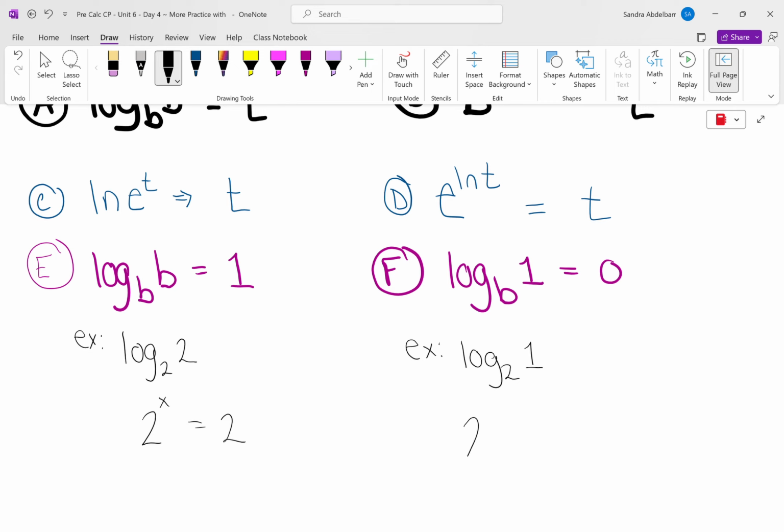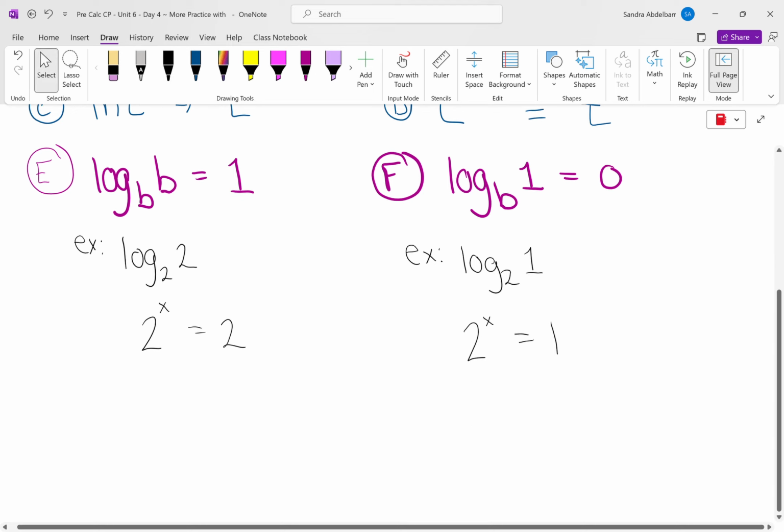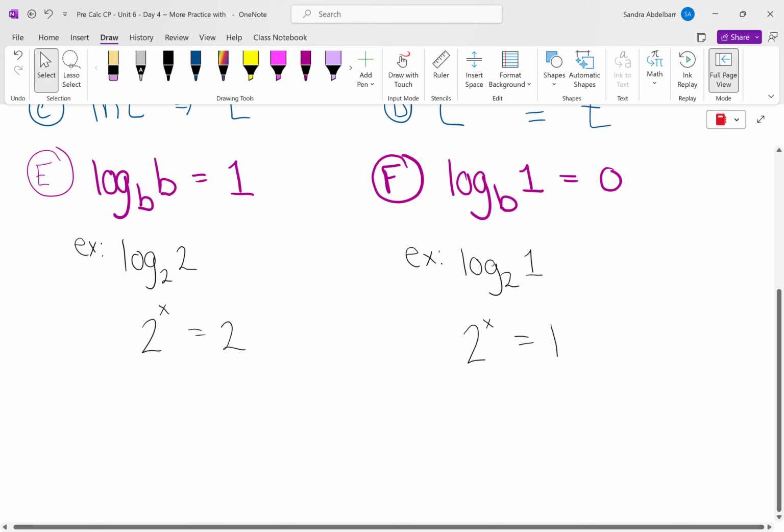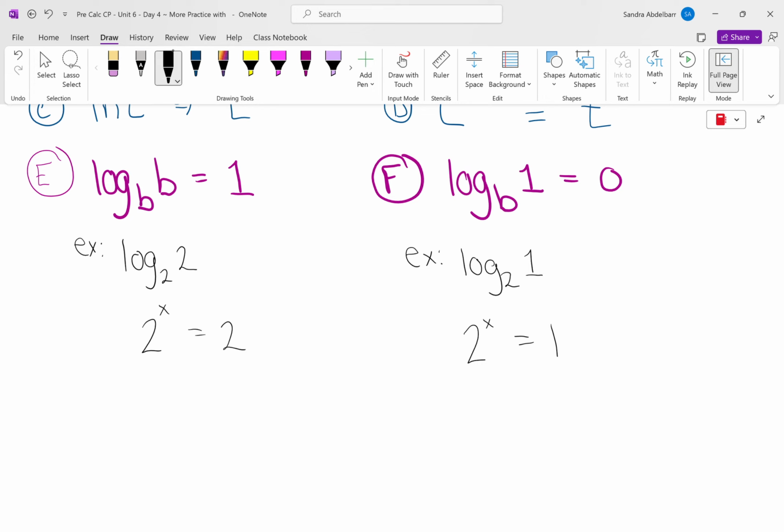So this is telling us 2 to what power is 1? Well, there's a power that brings everything to 1. What's the power that brings everything to 1? 0. So we'd get x equals 0. So anytime you have a base and your argument is just 1, you know that has to simplify down to 0. The exponent has to be 0.